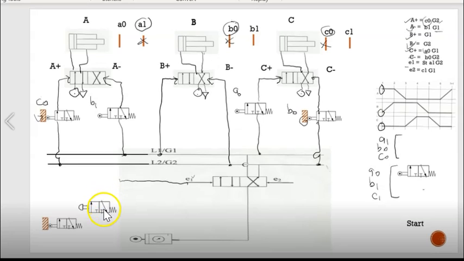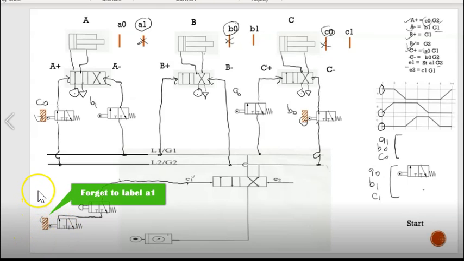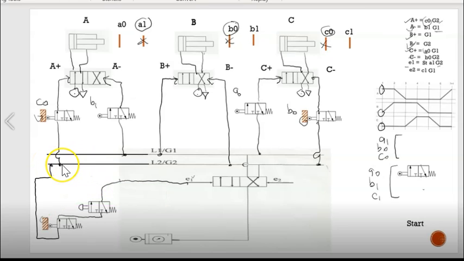For push button, is always using this side. And this will be connected since this is a contact one, so it will go to this side. And this one, we're going to go to G2. You can extend this line if it's too short.